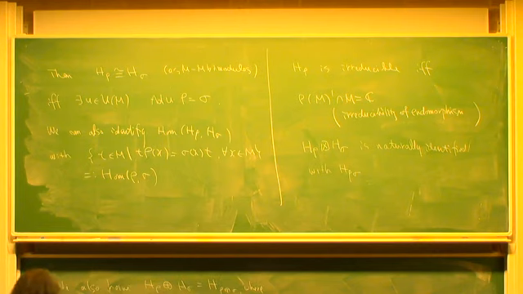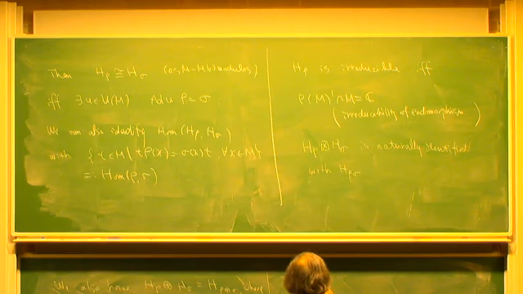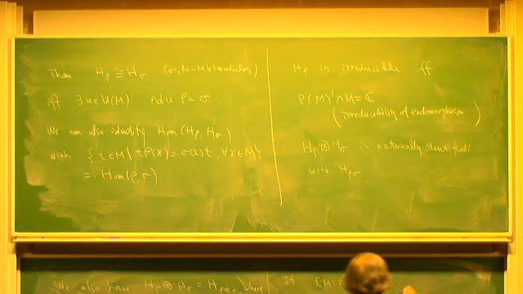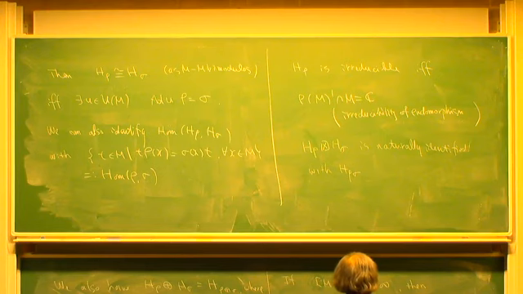Then, if the index is finite for an endomorphism, so the image of an endomorphism is automatically a subfactor, so we have such an index. Then we have irreducible decomposition.